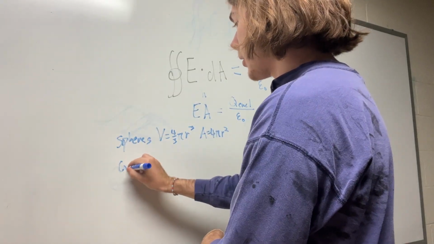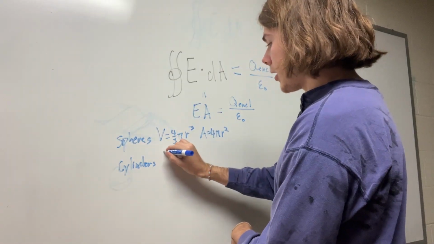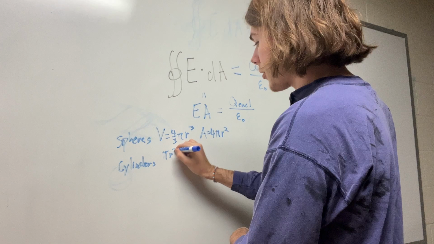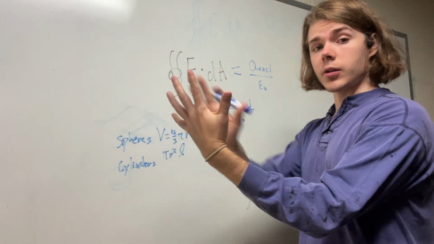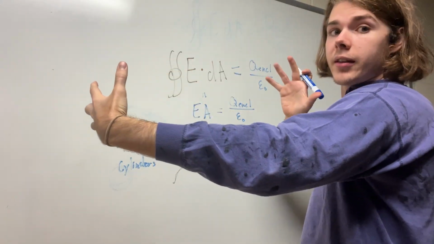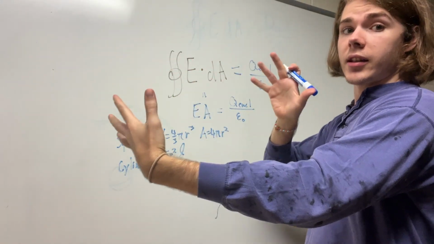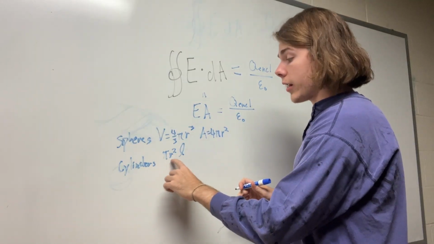Then for cylinders, we have volume is pi r squared, which is one of the end caps, times the length L. So it's pi r squared, and then you project that, and you get this whole circle multiplied by length. So that's an area times a length, that's a volume, with units of meters cubed.